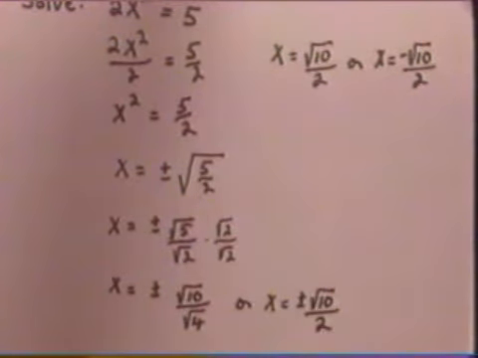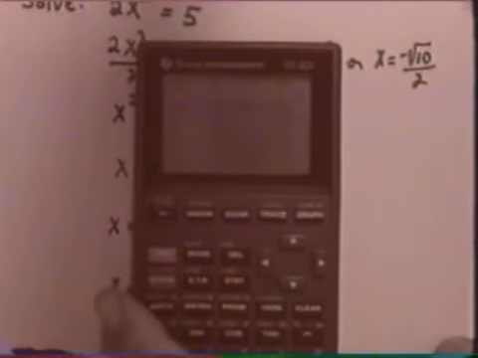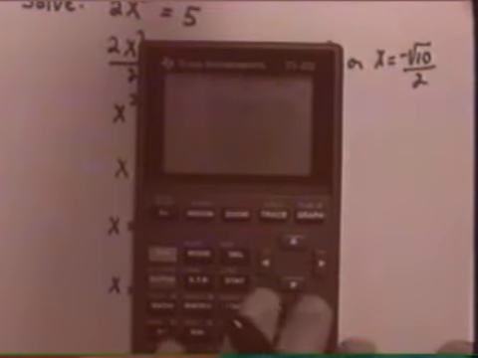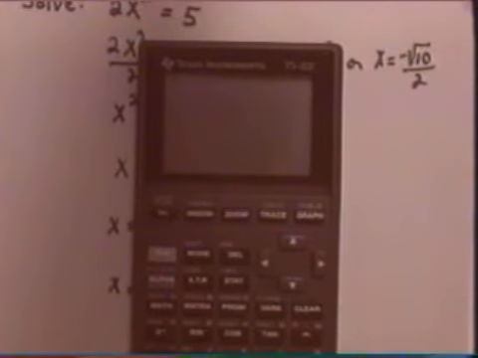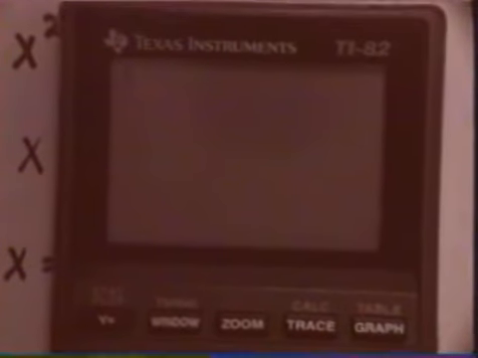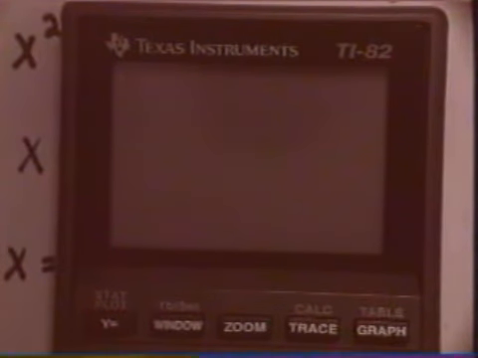Now with square roots, I want you to approximate the answer and write it to the nearest hundredth. So pull out your calculator and let's approximate that to the nearest hundredth. So we have the square root of 10 divided by 2.